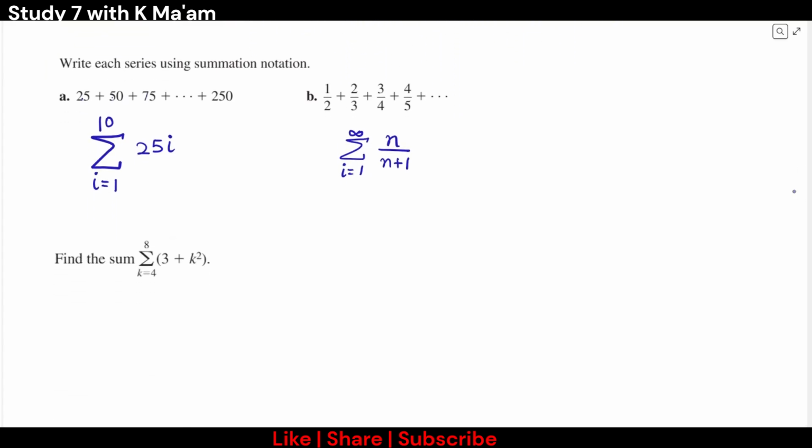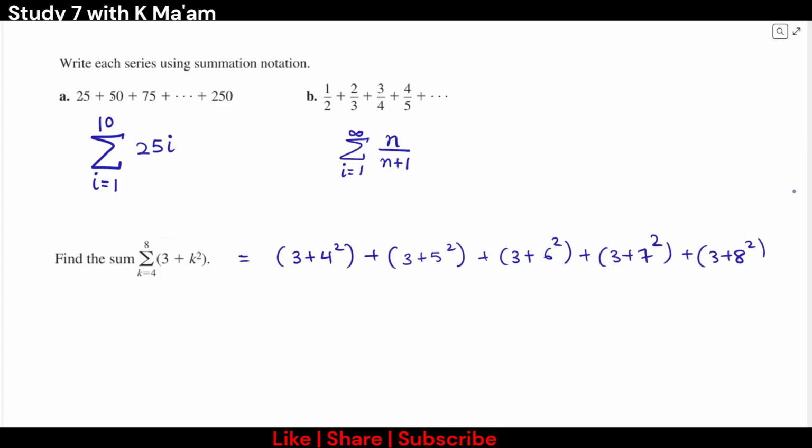Next question says, find the sum. We have to find the sum of this. K is equal to 4 to 8. So substitute k as 4: 3 plus 4 square. Now substitute here 5: 3 plus 5 square. 3 plus 6 square. 3 plus 7 square. 3 plus 8 square.